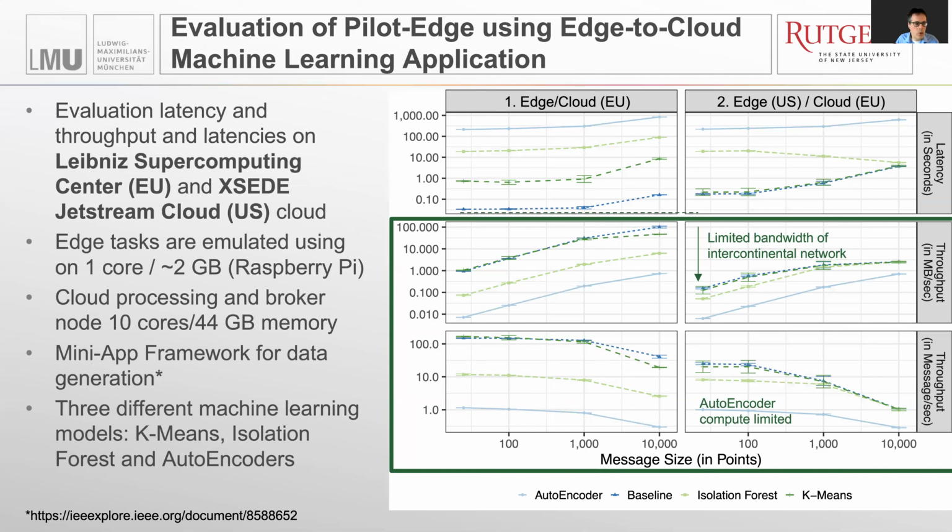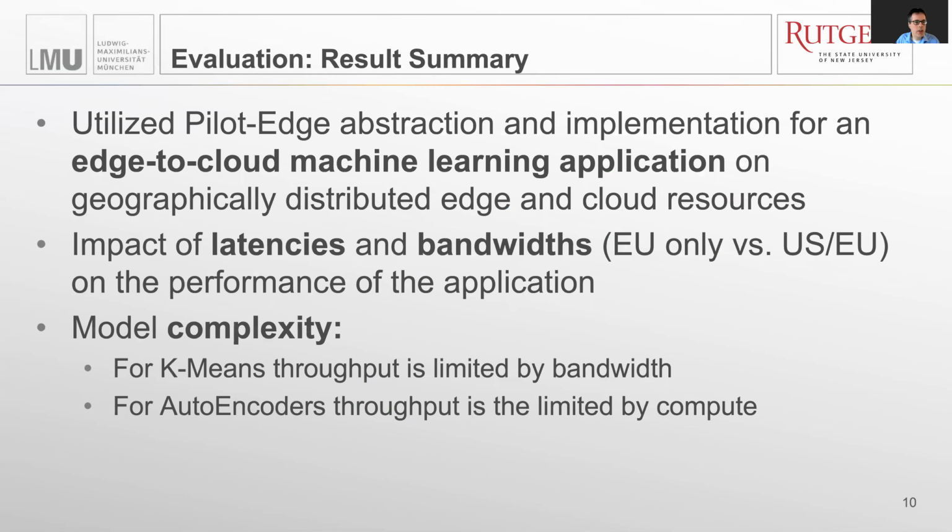We use such a 10-core machine with 44 GB of memory. The auto-encoder model is both very memory intensive and very compute intensive, and would, for example, benefit from GPU processing capabilities. This is one parameter one could investigate in a future experiment. Let's summarize our experiment.